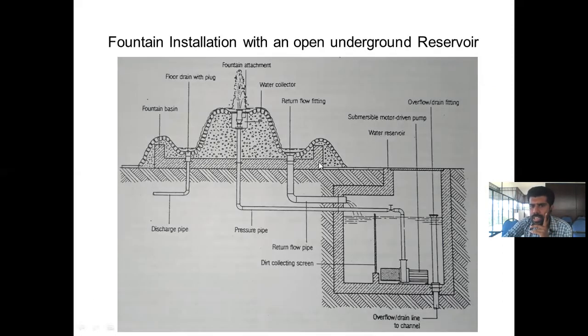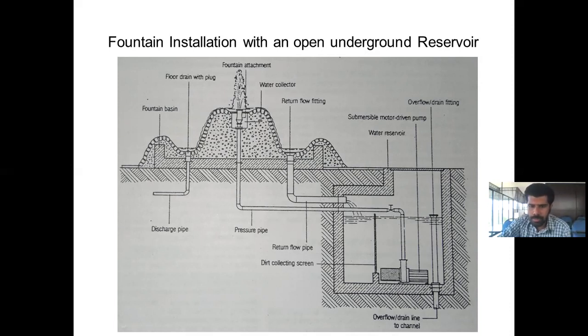Here, it is filled with water, and there is an overflow drain. An overflow drain line to a channel is being given, and this is a submersible pump, which means that this pump is submerged inside the water only.